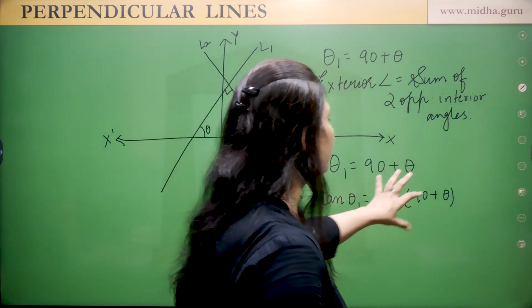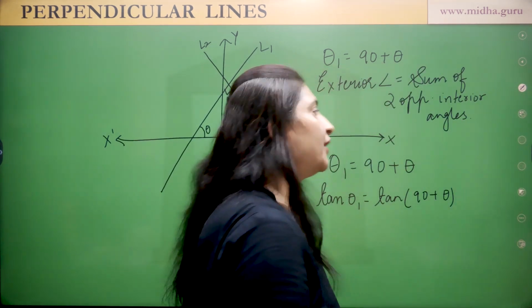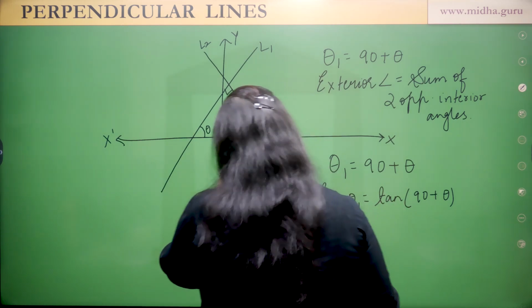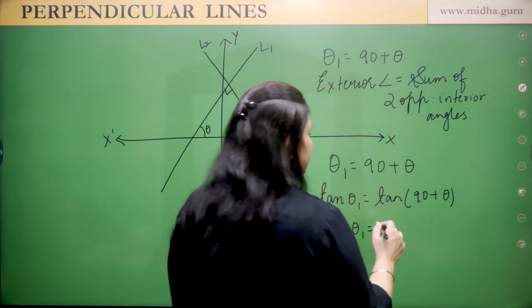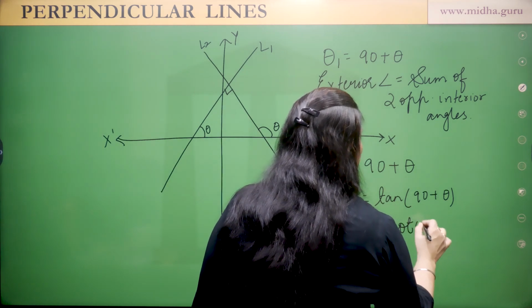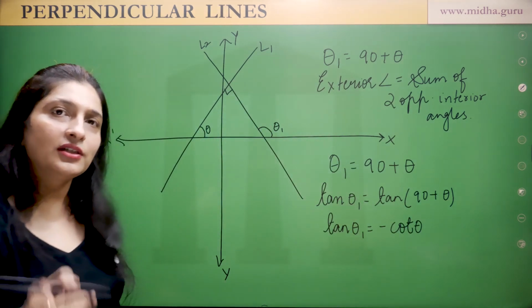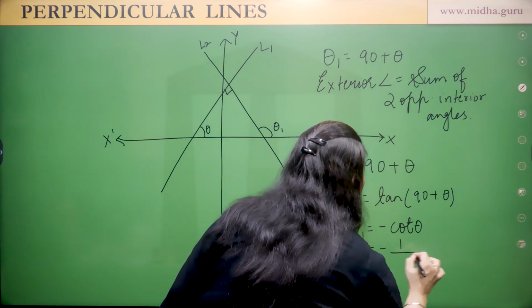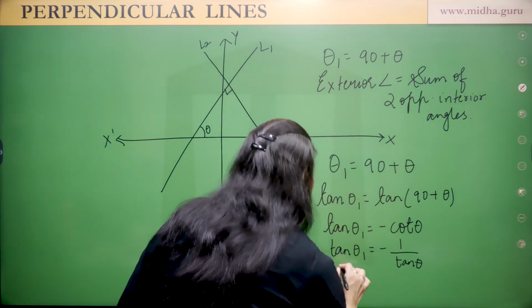So tan theta 1 will be equal to tan of 90 plus theta. Now again, you've studied complementary angles, right? What is tan of 90 plus theta? It is minus cot theta. Now, I can write this as minus 1 by tan theta.